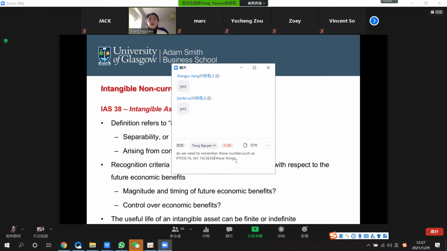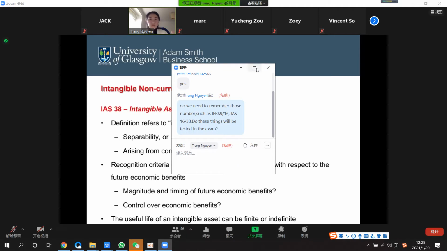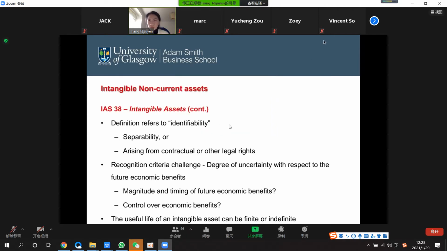So there should be a transaction. When will we know the transaction? Of course, when there are M&A activities, when one firm acquires another firm.